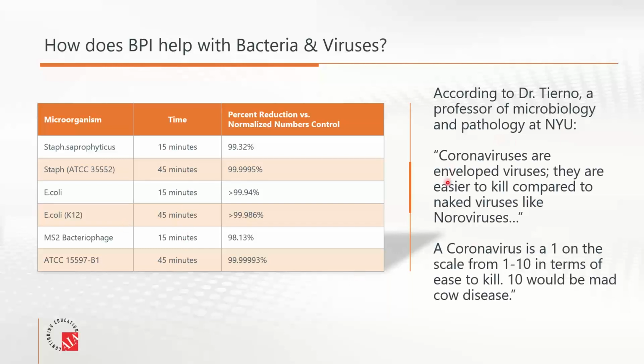One of the things that you should know: one of the leaders in the understanding of how the bipolar ionization works is Dr. Tierno. In conversations with him over the past year, he wanted to point out to everybody that when you're dealing with a coronavirus in the airstream, you're dealing with a virus that is a 1 on a scale of 1 to 10, meaning it's very easy to kill.